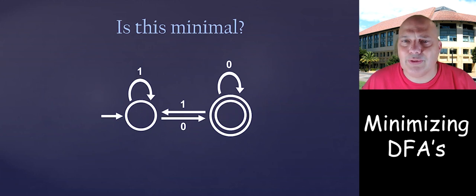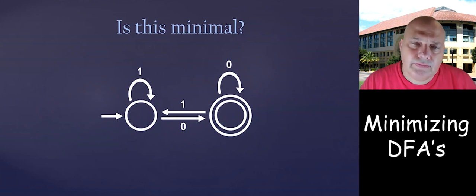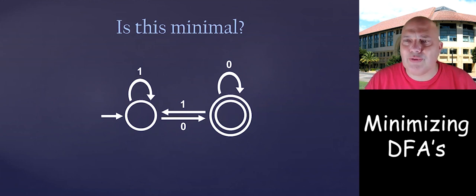To be able to accept and reject, you need an accept state and a reject state. So two states is really the minimal number we can have, unless the language we are recognizing is either the complete language or the empty language. But this is a very limited case in which we can argue minimality.